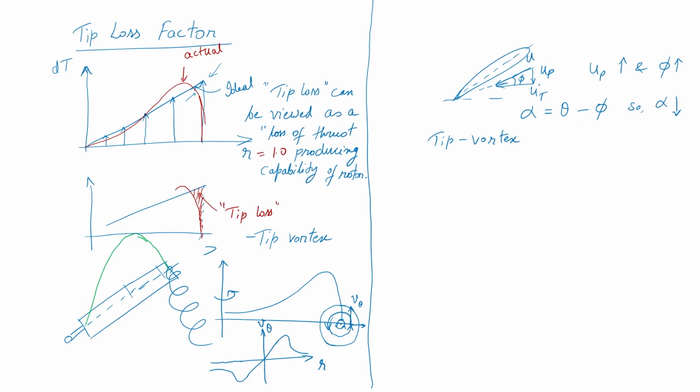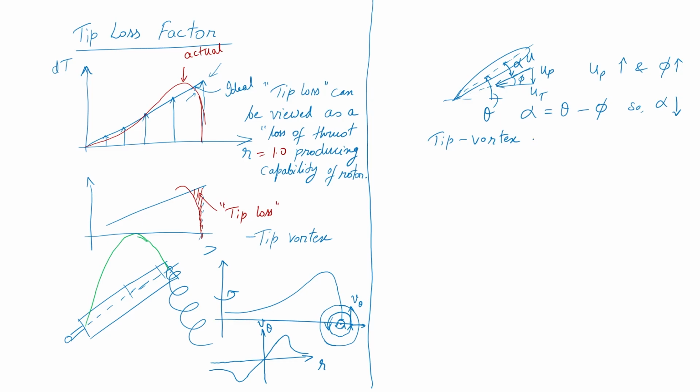Phi is your up by ut angle. It is the induced inflow angle, and this angle is my alpha. This total is my blade pitch angle theta. So the airfoil is at angle theta, the angle of attack is alpha, and alpha is theta minus phi. So if phi increases, alpha decreases.